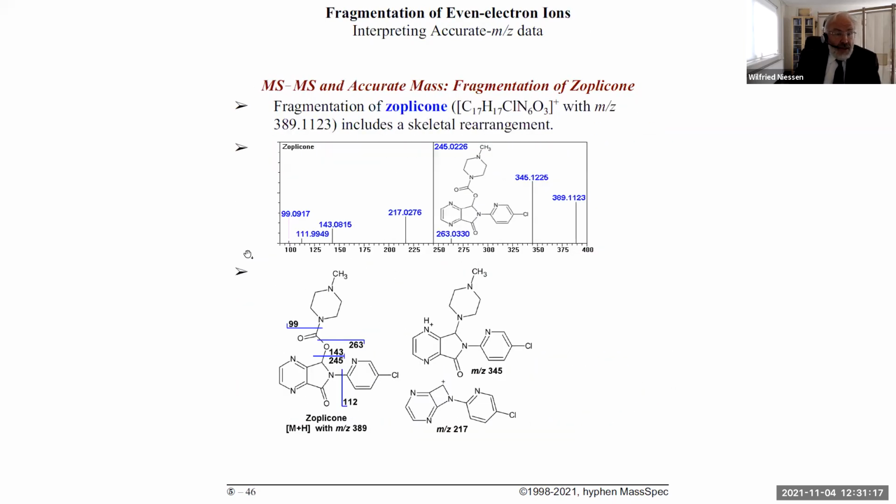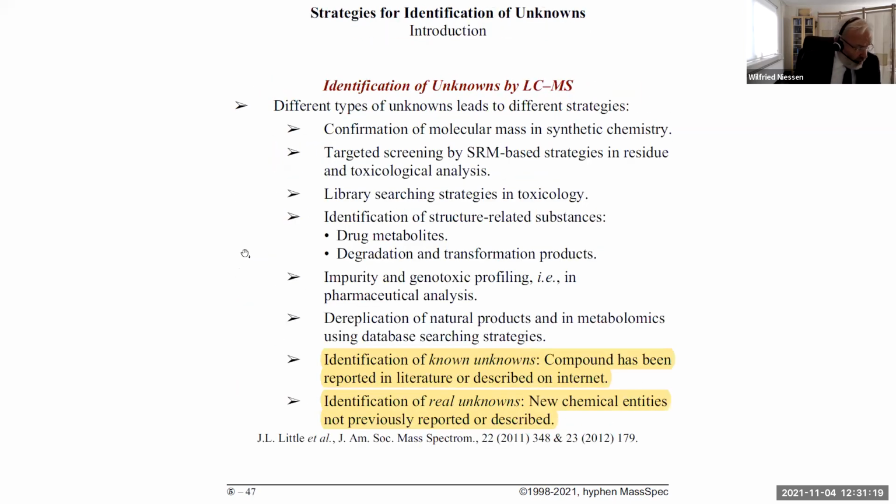Then I skip a few pages and move to this particular page, which I already showed you before, where we say we have different types of unknowns with different strategies. And sometimes, as I argued in the second session we had last Wednesday, these are not all unknowns.